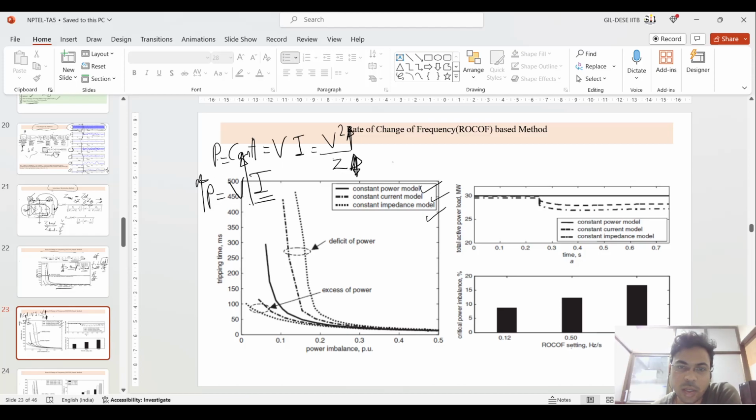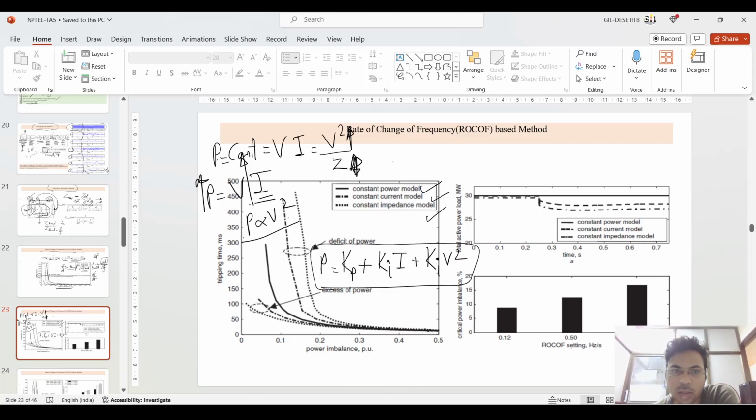And in constant current, power is equal to VI, the current is constant, which means that as the voltage increases, the power will increase. Same with constant impedance, where power is proportional to V square. As the voltage increases, the power increases. If you sum up this situation, you can write the power as equal to a constant Kp for constant power, plus a term proportional to V for constant current, plus a term proportional to V squared for constant impedance.